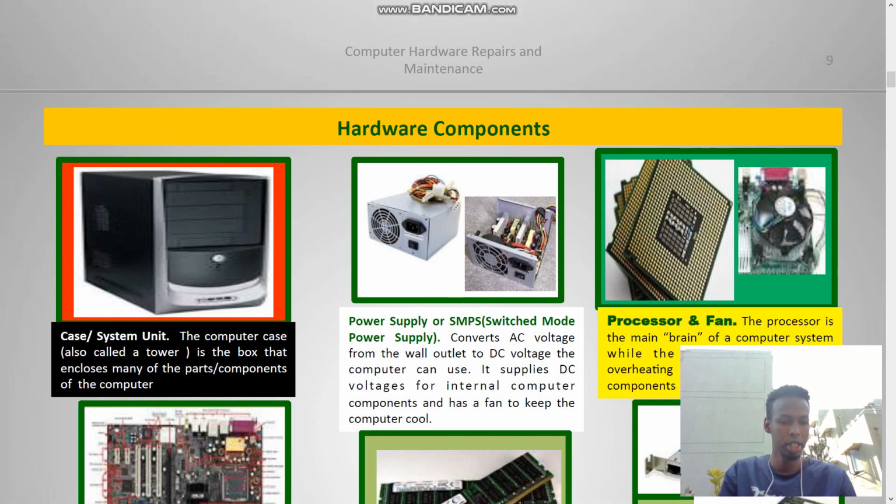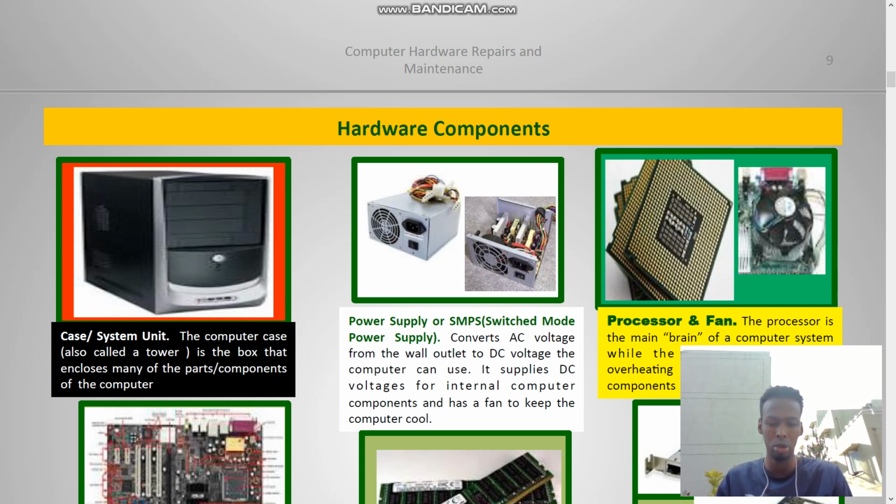The computer hardware component is the system unit of the computer. This is the system unit, the computer case, also called the tower. It's a box that includes many of the component parts of the computer. The power supply, or SMPS, switch mode power supply, converts AC voltage from the wall outlet to DC voltage the computer can use.